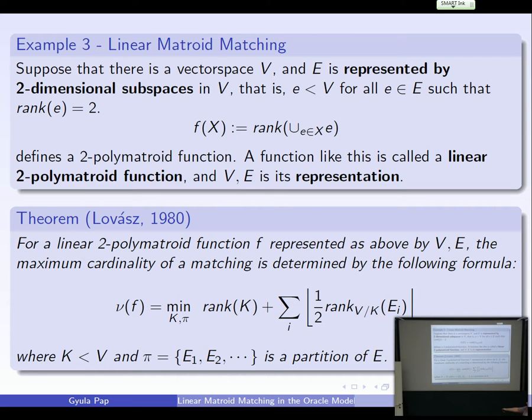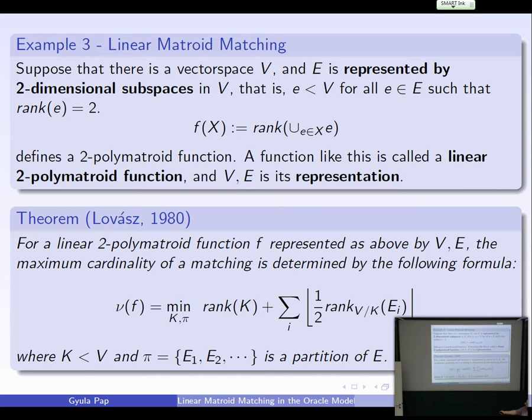When you do Lovász's algorithm, this K comes from taking the intersection of some known subspaces, then generating elements and taking the union, and repeatedly doing that.